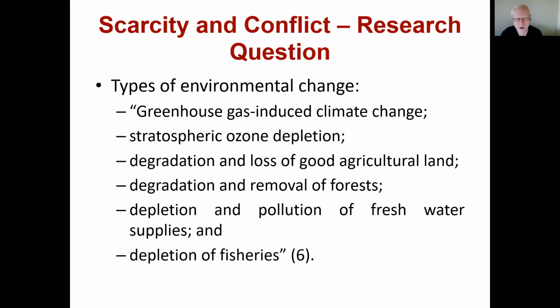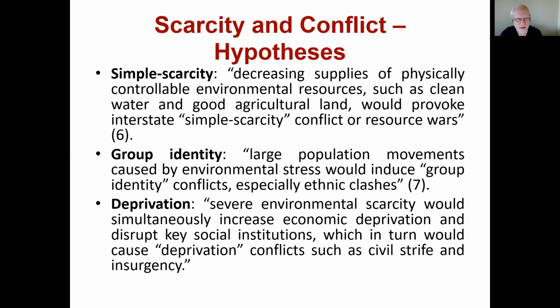So these are all different environmental changes that we're seeing. And the question is, can some of these, all of these, some of these in combination help lead to scarcity and to conflict.